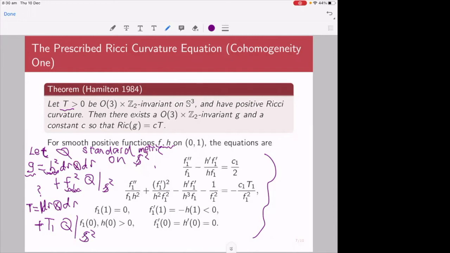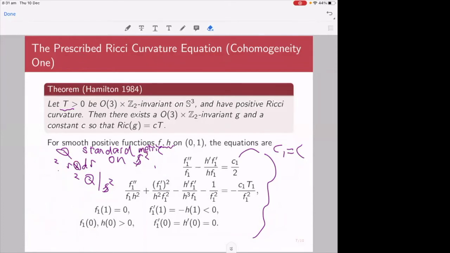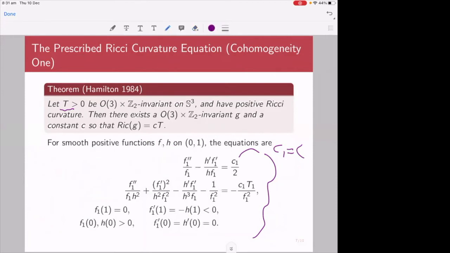We can always reparameterize the three-sphere so that the coefficient of this term here is just equal to 1. Unlike for the Einstein equations, we can't do this simultaneously with the metric G. So that's why we need to insist on having a function h squared up the front here. And also I've changed my C1 to a C. So these are the prescribed Ricci curvature equations here. We're given a positive function T, and we're trying to find positive functions f and h, solving this equation here.